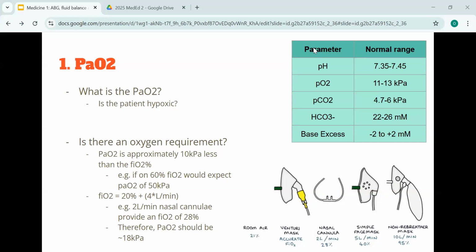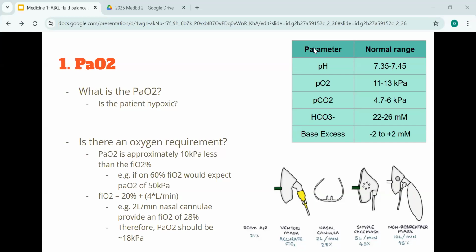So to calculate the fraction of inhaled oxygen, you use the formula which is shown on the slides. And you may be asked to do this in an AKT question, so it's just a quick formula that's worth noting. So for example, if you had somebody who was on a 2 litre per minute nasal cannula, you would times 4 by 2, and then you would add it to the 20%, which comes from the natural percentage of oxygen we find in the room air.